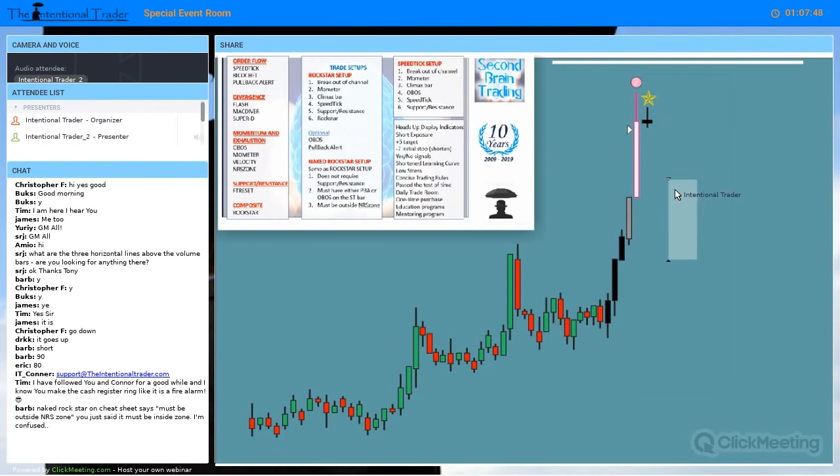If this were up here and this were black, not trading it. I don't care about this other confluence. It's inside this zone. I can never take a naked Rockstar trade inside this zone ever, ever, ever. I can take Rockstar trades.